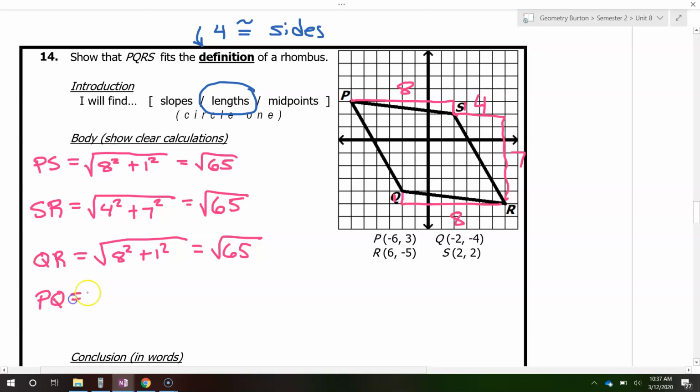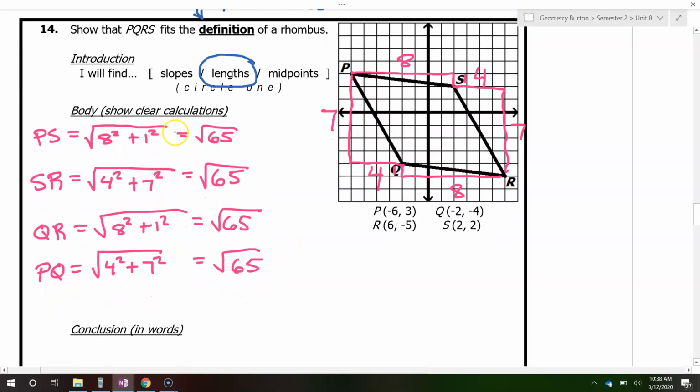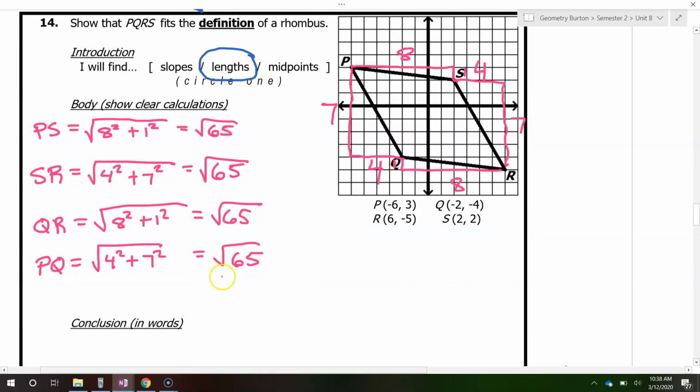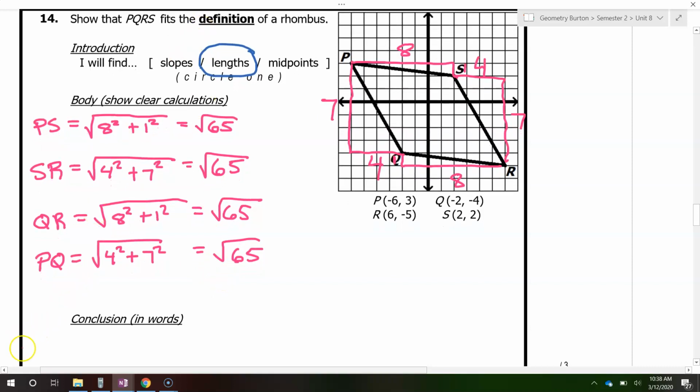If I make a right triangle out of that, similar to what we had over here, this is going to be 4 and this is going to be 7. So that's the square root of 4 squared plus 7 squared, which of course is the square root of 65. So you can see that all four lengths are the same, and I'm just going to refer to that in my conclusion.